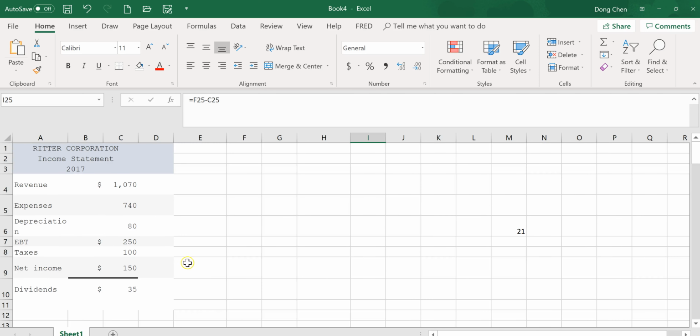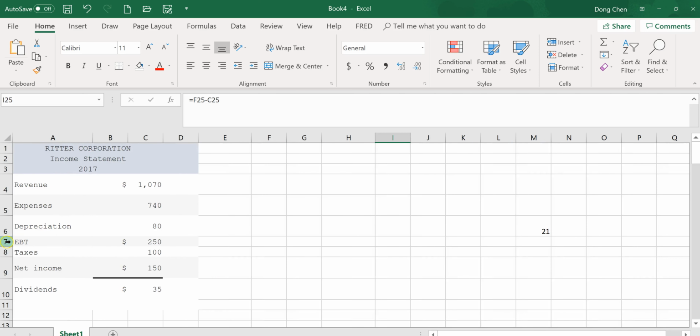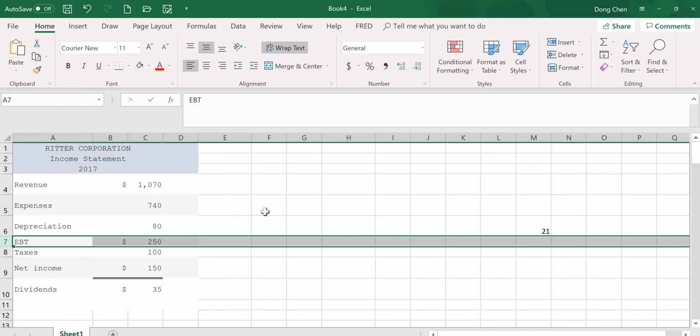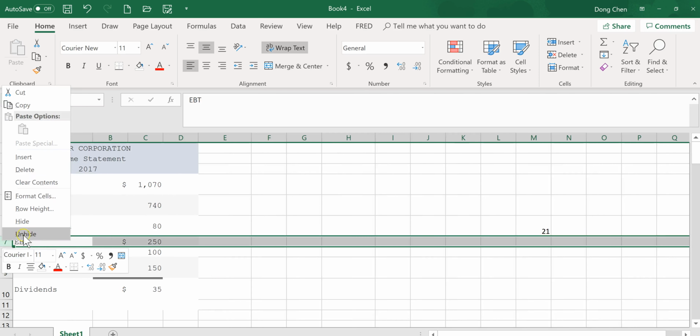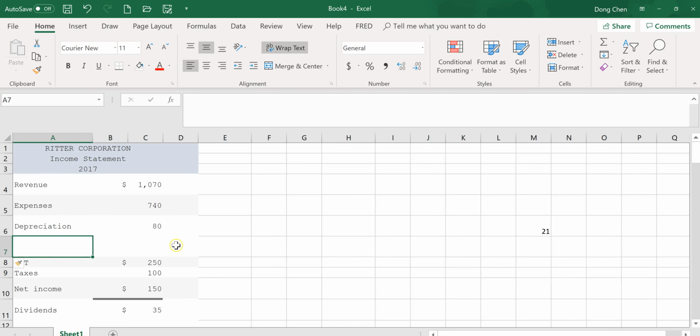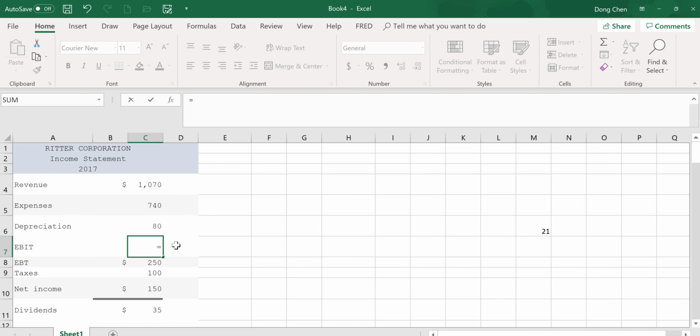So now let's get the operating cash flow first. To get operating cash flow, let me add one row here, which is EBIT, earnings before interest and taxes.